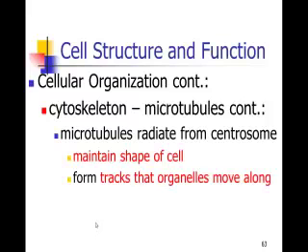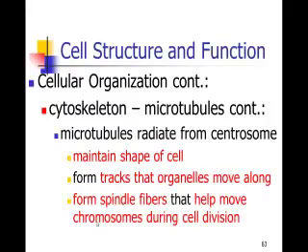As I mentioned, they help maintain the shape, and they also appear to form tracks along which the organelles move. The spindle fibers are important to move the chromosomes during cell division, and those involve microtubules.